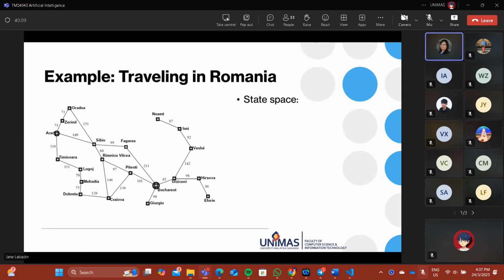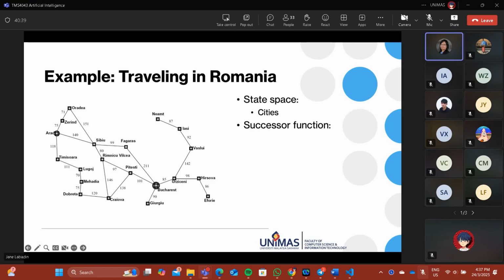Because your only goal here is to reach Bucharest, the state will change according to the city. As you go to a city, that's your new location, your new city. So that is your state space, according to your city.